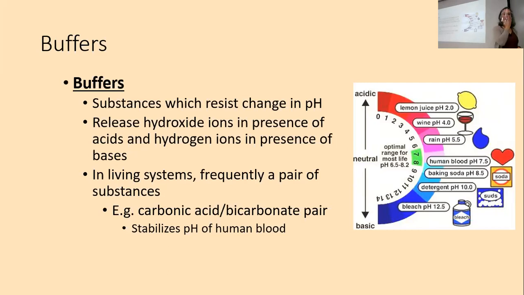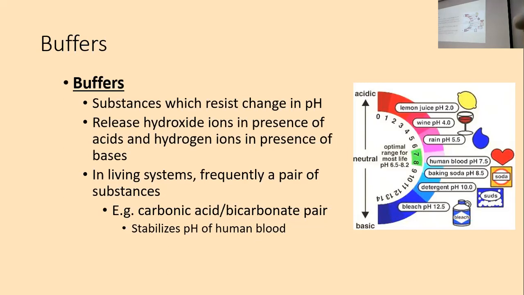So a buffer, in the presence of an acid, which has a lot of hydrogen ions, will release hydroxide ions and balance the relative concentrations. Conversely, a buffer in a base where there are a lot of hydroxide ions will release hydrogen ions. So a buffer is just going to make acidic things more basic or bring them back to neutral, and again, bring bases back to neutral.